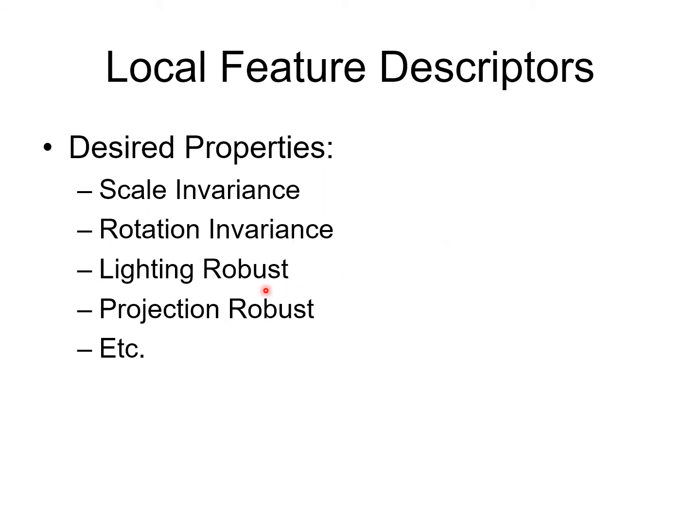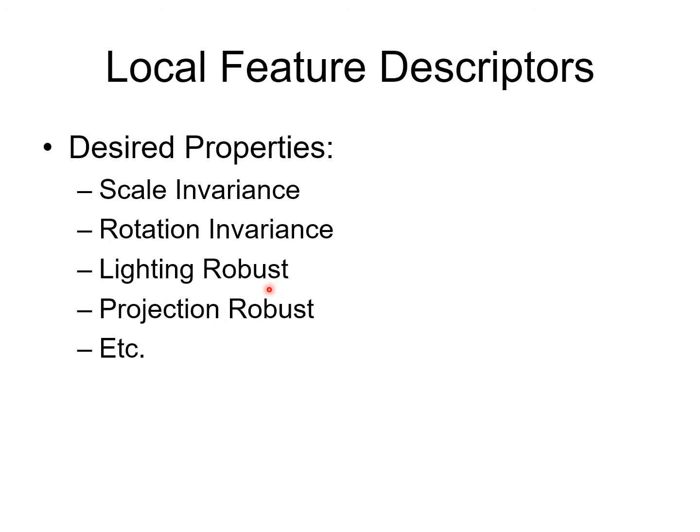Also lighting robust. I didn't mention it too much about SIFT, but if you try to test it a little bit, you will see that the SIFT feature is quite lighting robust. Why is that? Because it actually looks into the direction of local gradients. It doesn't really directly go for the absolute value, and the gradients stay regardless of the lighting condition, unless it's totally bright or totally dark.